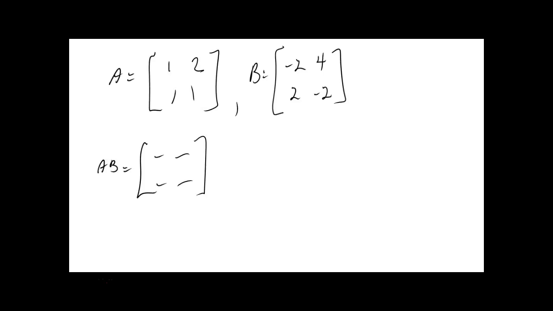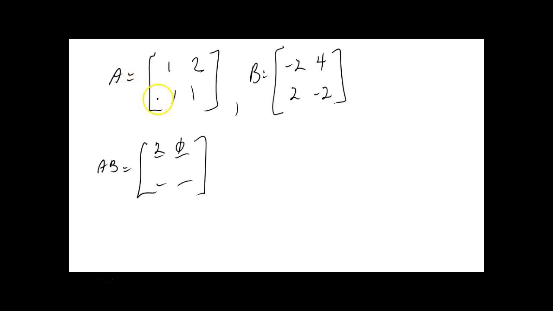Okay? And the 1, 1 entry, first row of A, first column of B: -2 plus 4 would be +2. The 1, 2 entry, first row of A, second column of B: 4 minus 4 is 0.